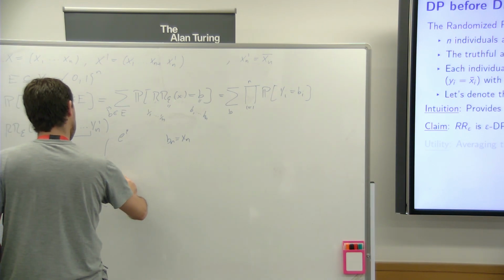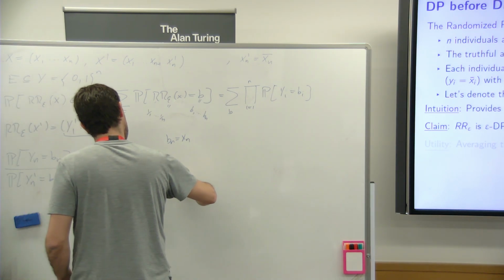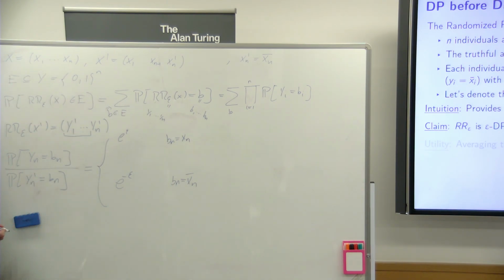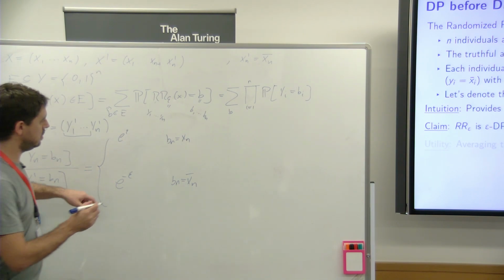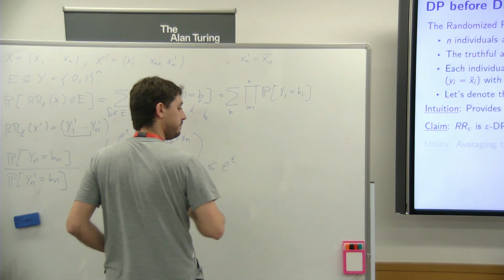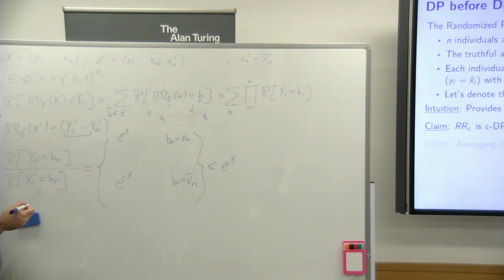And in the other case, it's the other way around, if bn was equal to the answer of the person in the database x prime. If you look at these two, this is bigger than this, so I can basically say that this is at most e to the epsilon.